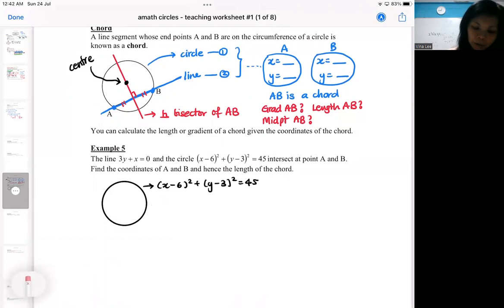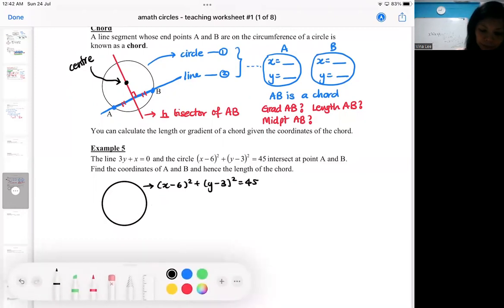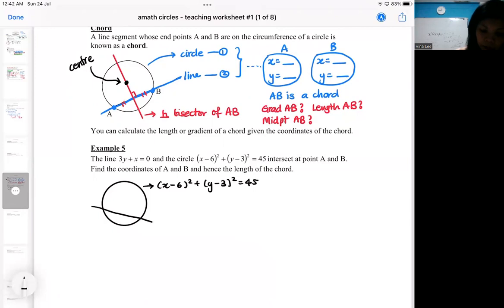I think it's a downward sloping line. So there's an equation. And there are two intersections. So your job is to find the coordinates, and then you apply the length formula.